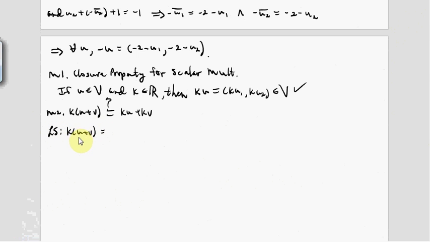We first put the emphasis on what's inside the parentheses. The scalar is on the outside, so I'm going to add those two vectors. This is u sub 1 plus v sub 1 plus 1, based on its definition, comma, u sub 2 plus v sub 2 plus 1. Then we multiply by the scalar. The scalar multiplication is standard, so it's k times each component. So this is k u sub 1 plus k v sub 1 plus k, comma, k u sub 2 plus k v sub 2 plus k.